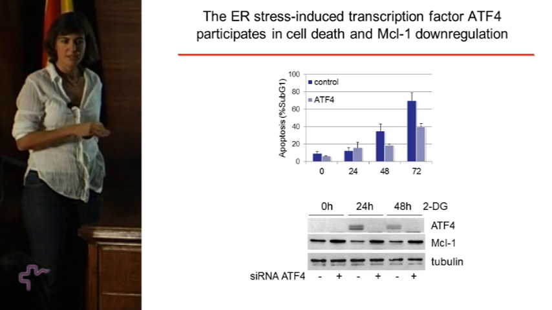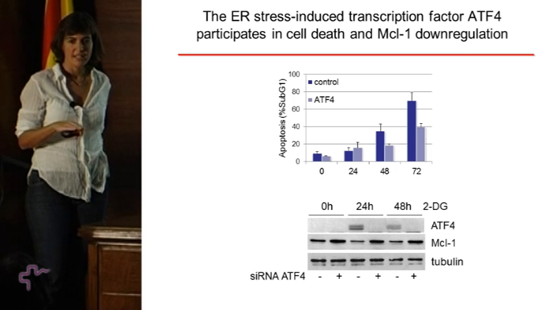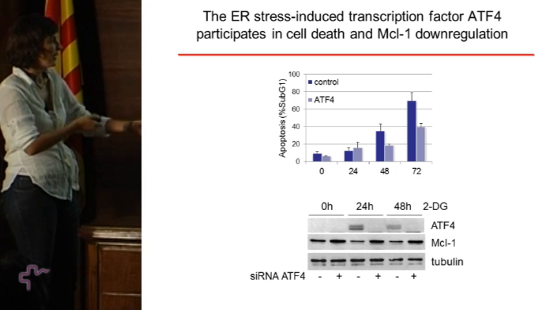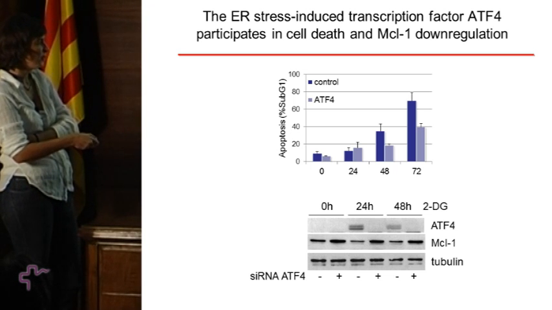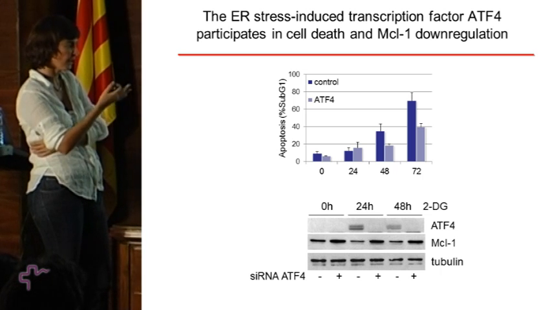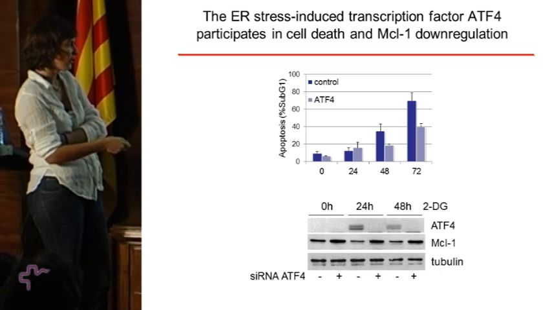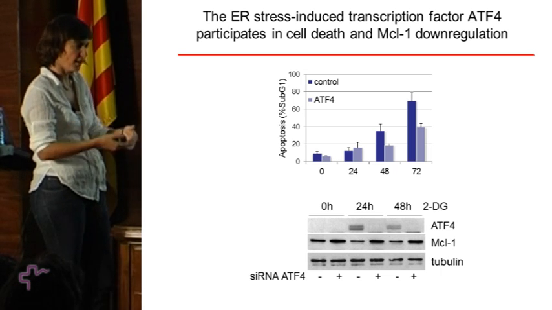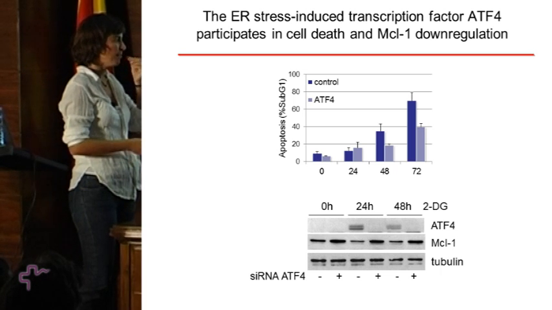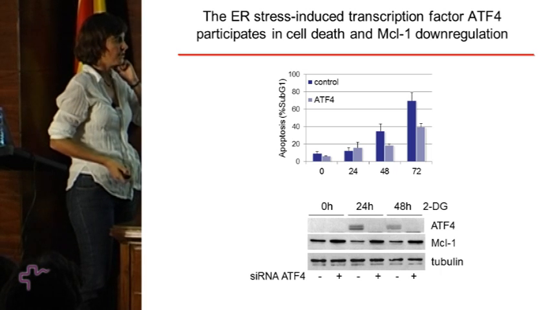But to our surprise, NOXA levels didn't change. And indeed, at this point, we already knew that NOXA was not induced transcriptionally. What the knockdown of ATF4 is doing is maintaining MCL1 levels. Somehow, we don't understand why, but knocking down ATF4, even in untreated cells, just by being with the siRNA for a long time, they're happy and they don't downregulate MCL1, and death is reduced.